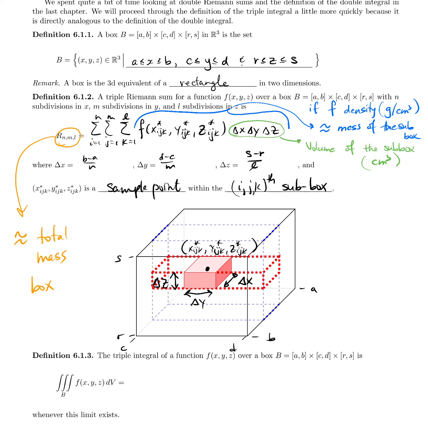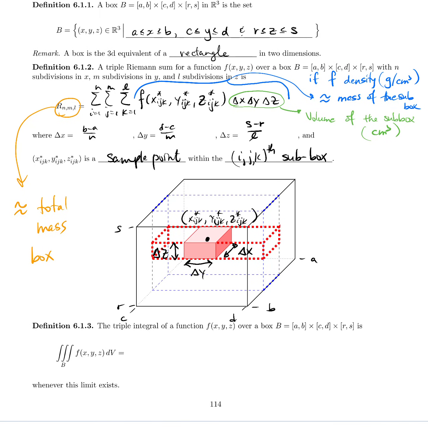Now that's one way of getting our head around what an expression like this means. Definition 6.1.3: the triple integral of a function over this box is, well, you guessed it, we don't want the approximate mass, we want the exact mass, if indeed mass is our interpretation.